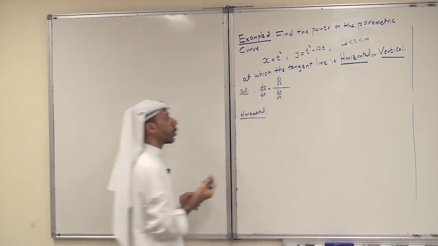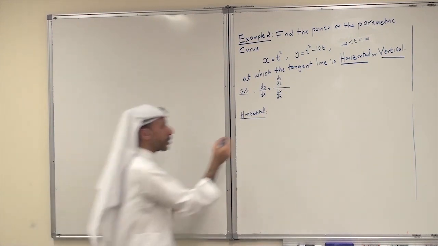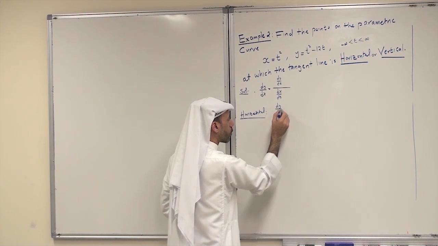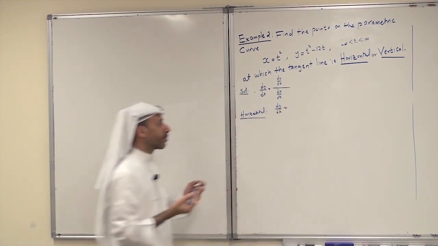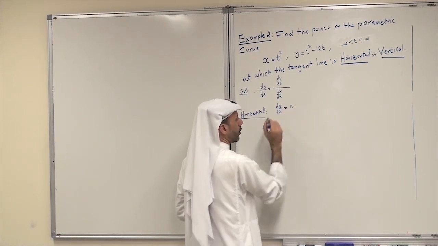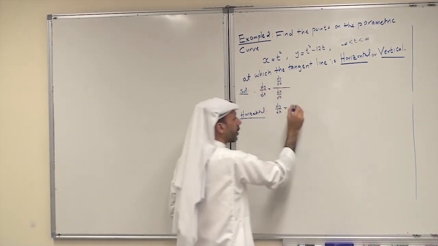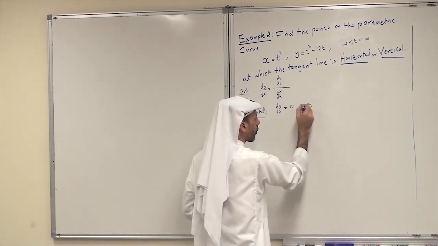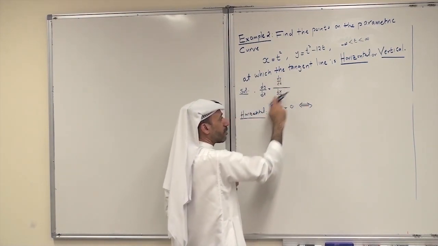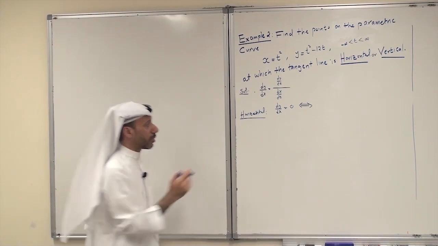for the tangent to be horizontal, we have to have the slope, which is dy/dx, at the corresponding value of t, equal to 0. From the formula, this is possible only if the numerator is equal to 0 and the denominator is not equal to 0.